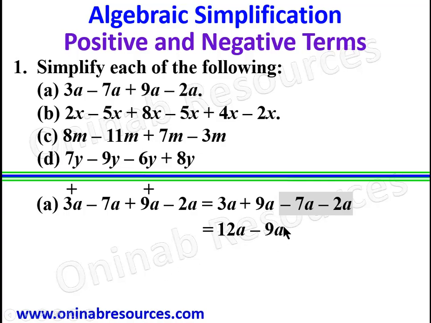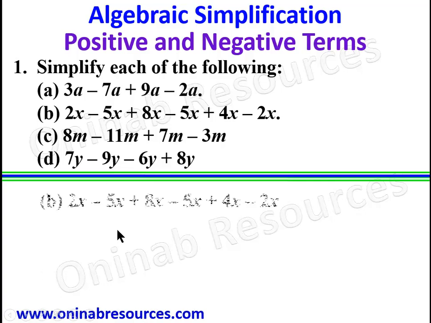We now have 12a minus 9a. And the better way of simplifying this is to say 12 minus 9, which gives 3, and attach the a. So our answer is 3a. So we have simplified the expression in a.